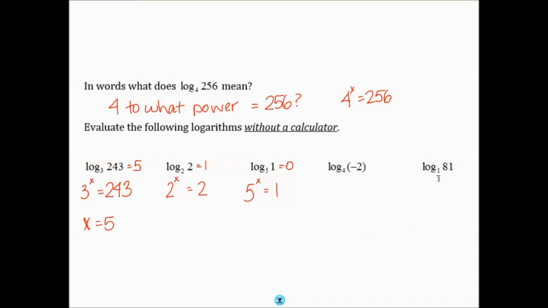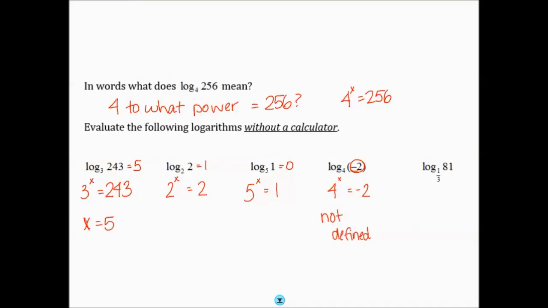Log base 4 of negative 2, that means 4 to what power equals negative 2? There's no number that you can plug in for x that will give you negative 2. Because, if you remember, the domain of a logarithmic function was 0 to infinity, so you cannot do log of a negative number. So this is not defined.